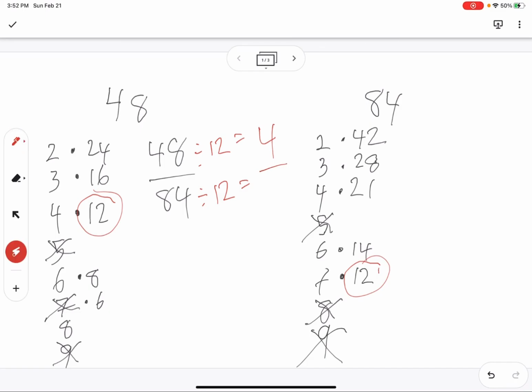Now, 84 divided by 12 equals 7. There's my answer. This fraction has been simplified now to 4/7. This is a very systematic way for you to learn how to simplify any fraction.